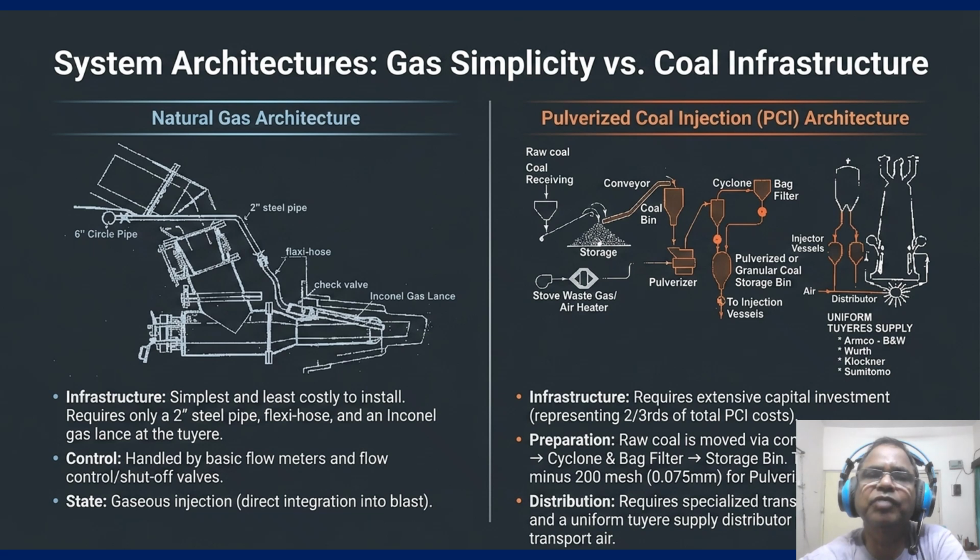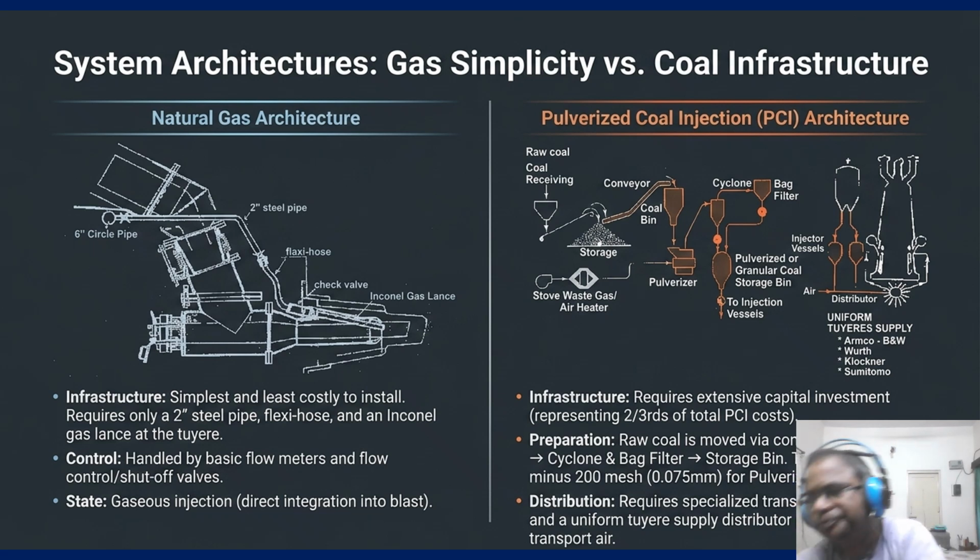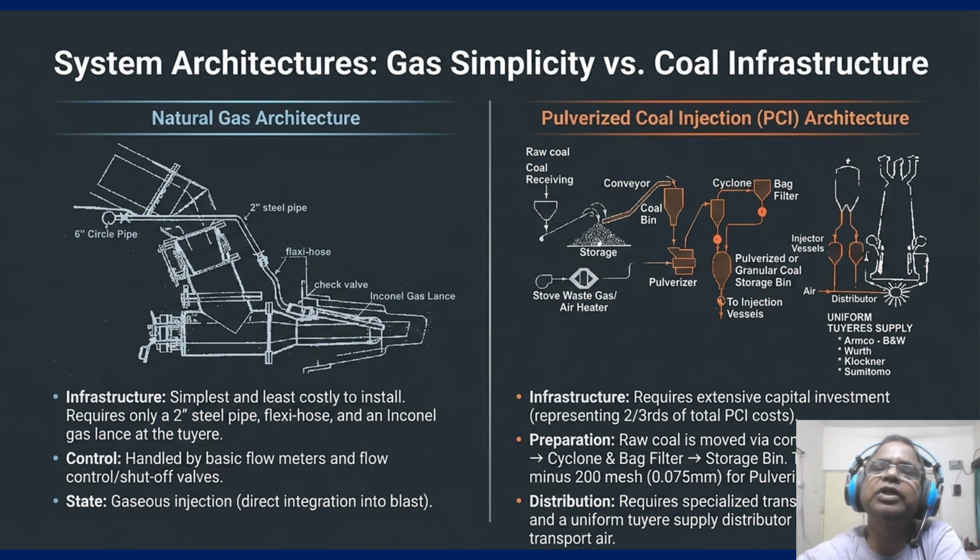Now look at the pulverized coal injection, or PCI, architecture. It is a massive industrial complex involving conveyor, pulverizer, cyclone and bag filter. The PCI infrastructure represents two-thirds of your total project cost. The technical requirement for the coal is intense.